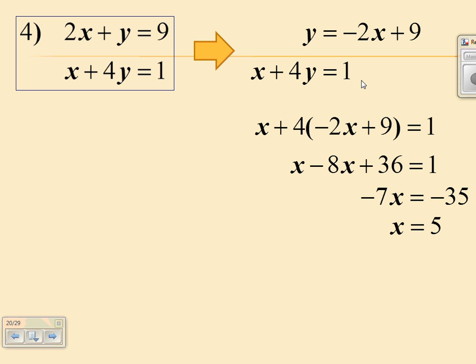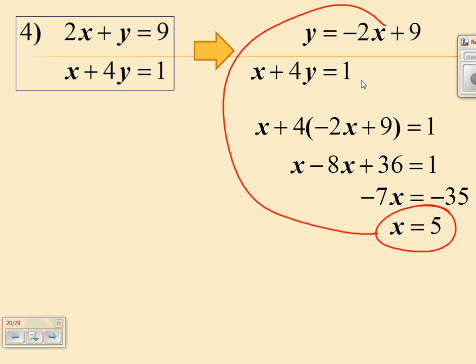So since I know x equals 5, I have to find y still. And I do that by substituting it into the top equation. If I do that, my answer for y should equal negative 1. So the solution for this system of equations should be 5, negative 1.